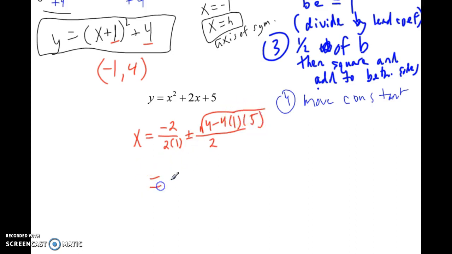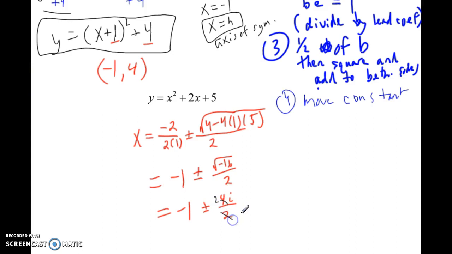So it ends up being something like -2 over 2, which is -1, plus or minus the square root of 4 minus 20, which is the square root of -16, over 2. I guess this simplifies a little bit. This is maybe not the best example to use to drive home my point here.